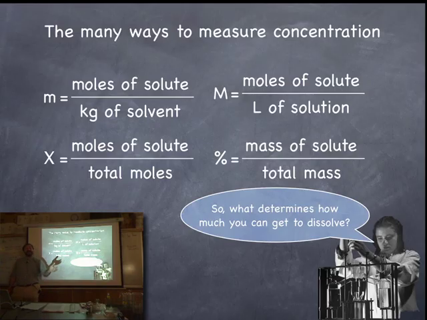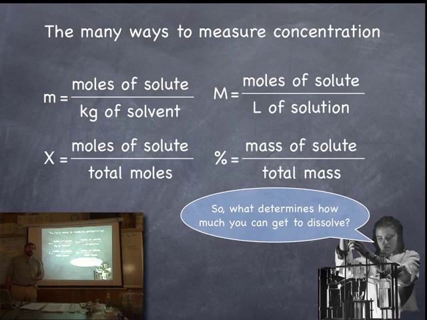How much carbon dioxide can we get to dissolve in the frozen yogurt mixture? Okay? These types of solubility questions are important because it's going to drive how carbonated we can make our frozen yogurt. So, what we want to look at is what kind of factors affect solubility.